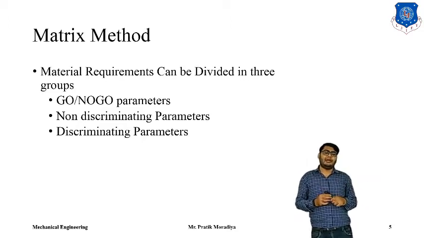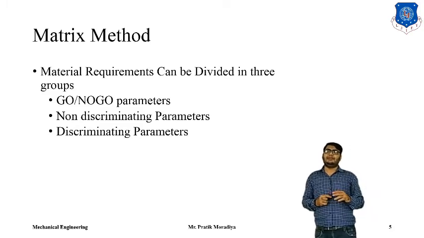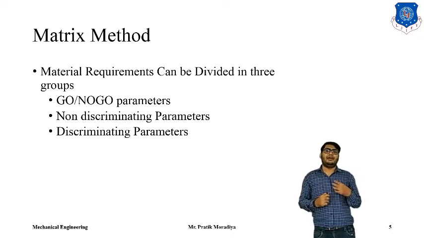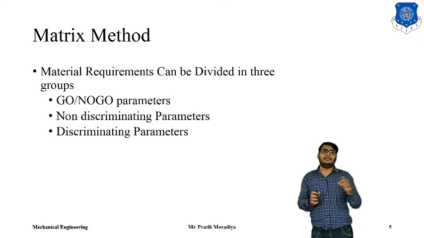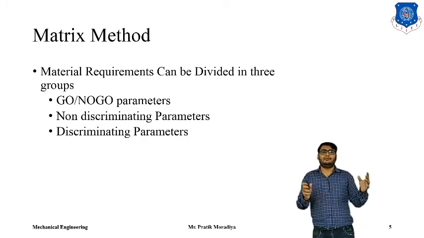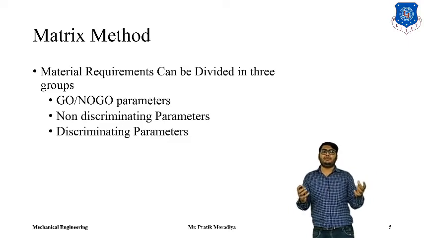So, for example, I might want a material which has a minimum strength of 50 megapascal. After 50 megapascal, if my material has 60 or 100 megapascals of strength, I don't have any opinion on that, or I do not feel any difference between a material with a strength of 50 megapascal and 100 megapascal, because for my application both are equivalently suitable.